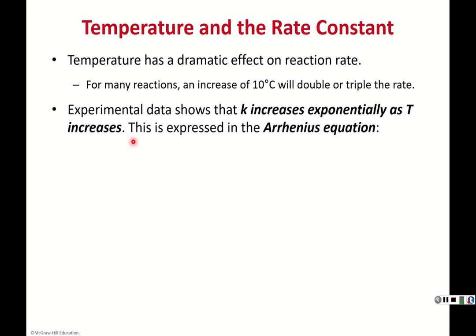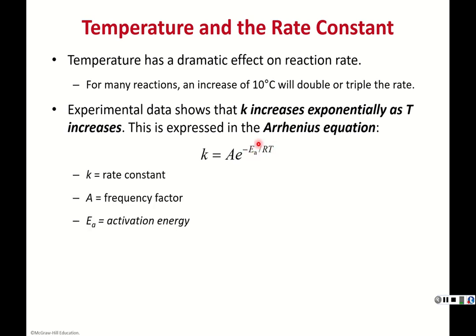And so this is expressed in what's known as the Arrhenius equation. The Arrhenius equation is the equation for the rate constant, and that equals A, which is the Arrhenius constant, times e to the negative Ea over RT.